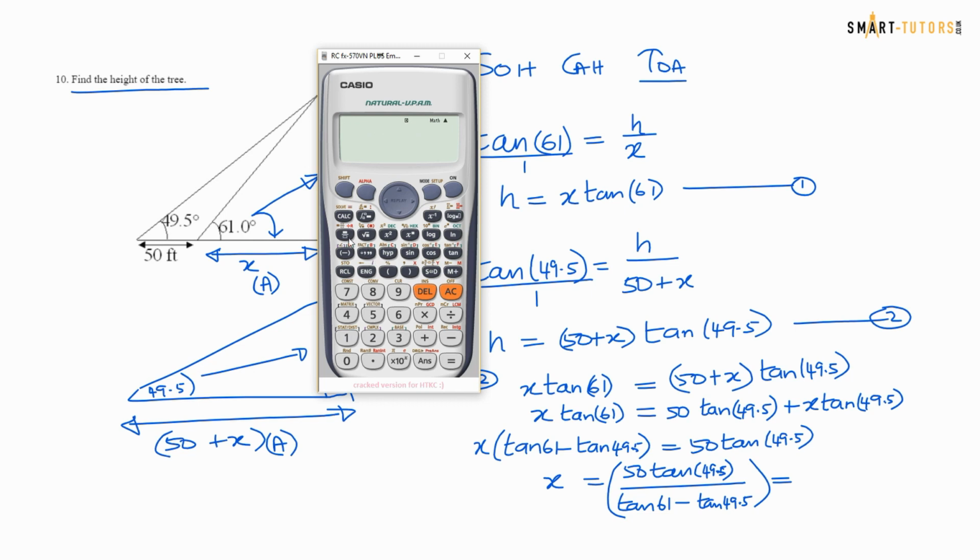If you put the fraction in the calculator, 50 times tan 49.5, divided by tan 61 minus tan 49.5, bracket close and another bracket close, the answer is 92.46.